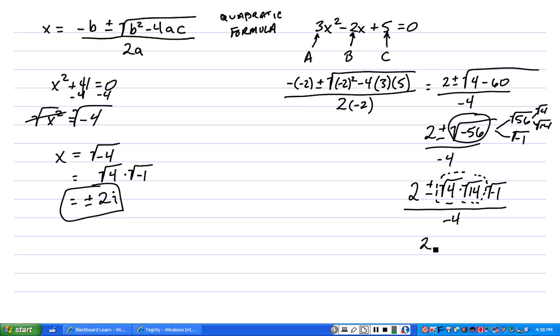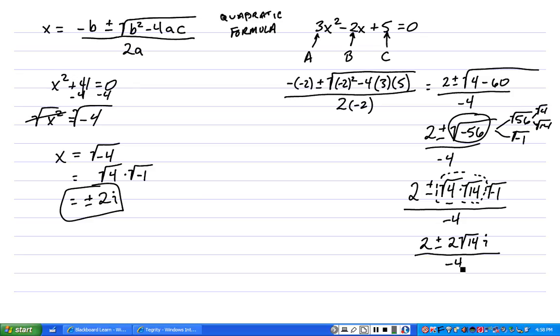So you have 2 plus or minus square root of 4 is 2. You can't break 14 down to get an integer answer, so you leave it under the radical for 14, right? And then we said the square root of negative 1 is just I, all over a negative 4.